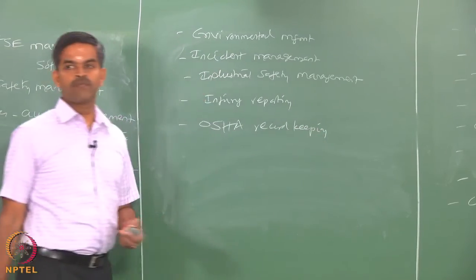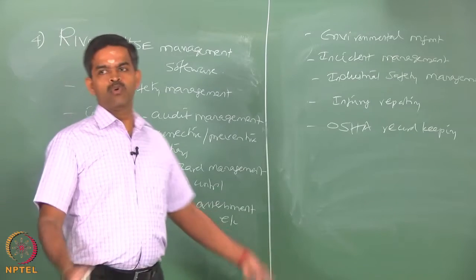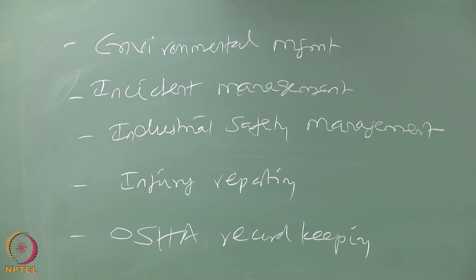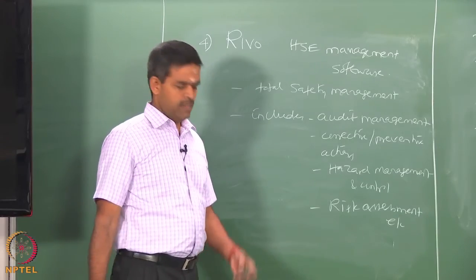Which are some of the important features of this software, which also extends to use safety risk assessment, training management, waste management. So, this is one of the important application tools which is used very commonly in oil and gas sector.